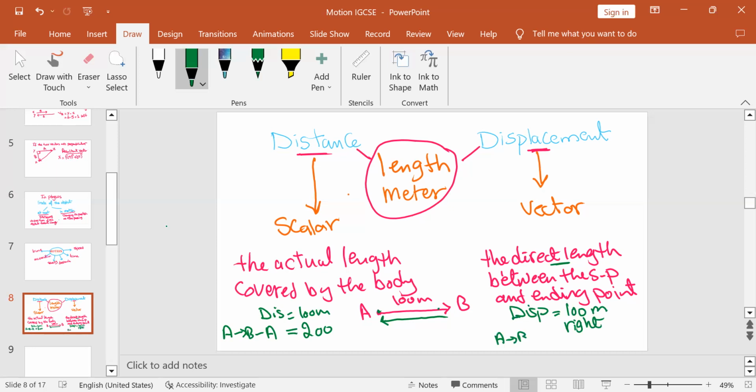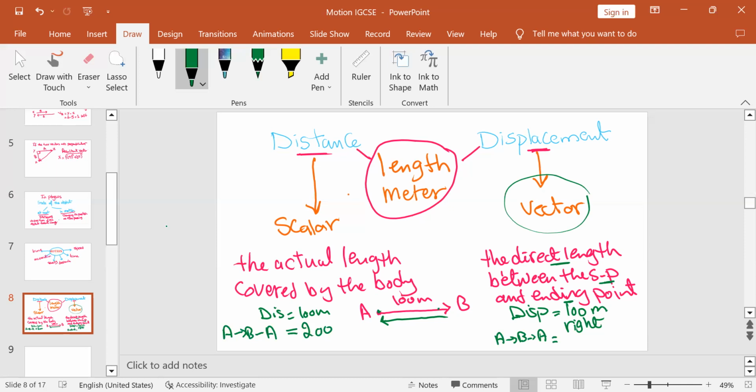In this case, what is the displacement from A to B to A again? 200 meters? No, because displacement is a vector quantity and it's the direct length between the starting and the ending point. So here, from A to B to A again, the starting point is the same as the ending point, so there is no length between the starting point and ending point.